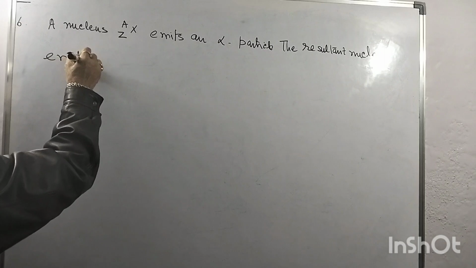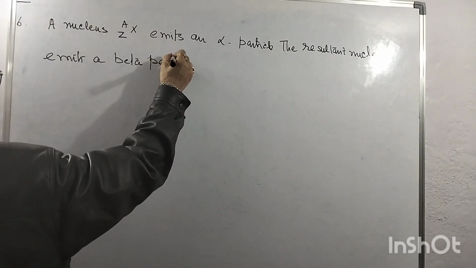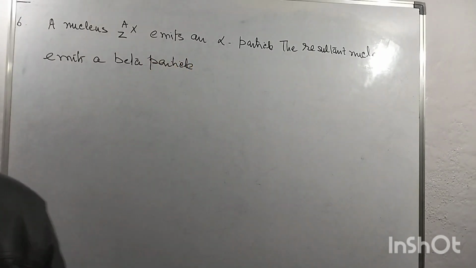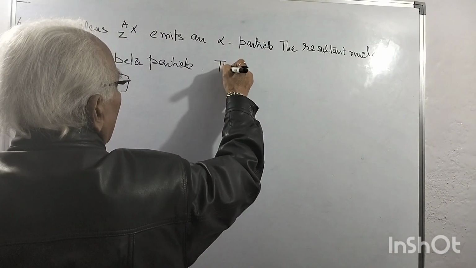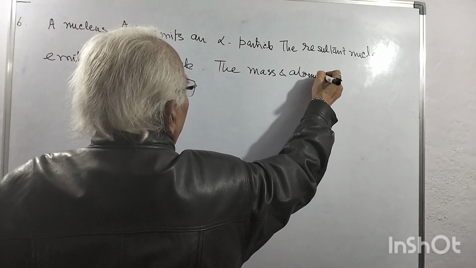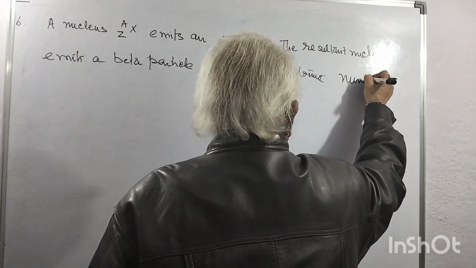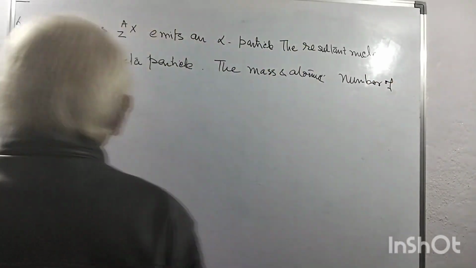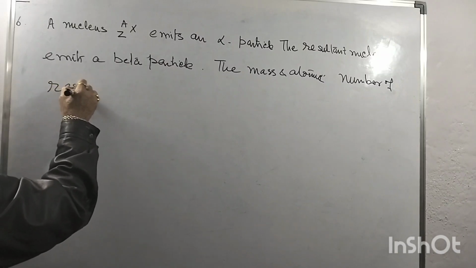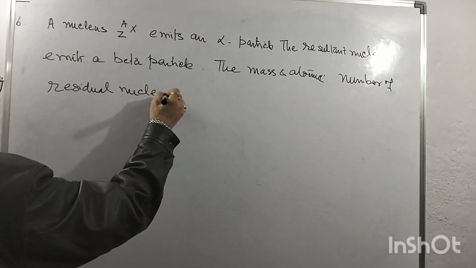So after emitting an alpha particle and a beta particle, the respective atomic and mass numbers of the final nucleus, that is the residual nucleus, will be.